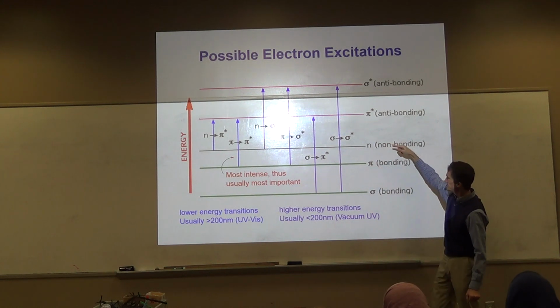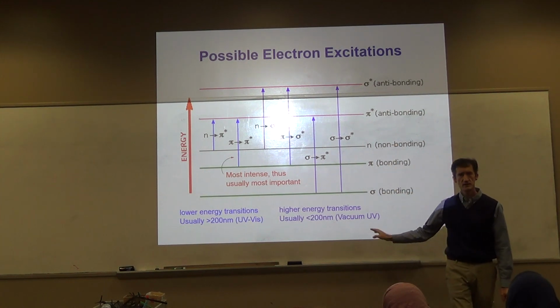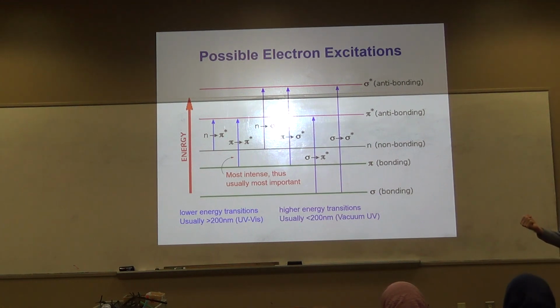Question, which one's easier to excite? Sigma, pi, or non-bonding? Don't even look up here. Which one do you think is easier to excite? Bonding electrons or non-bonding? Non-bonding. Non-bonding are easier to excite. Bonding electrons are held together and they're kind of more stabilized and they're held with that bonding glue.